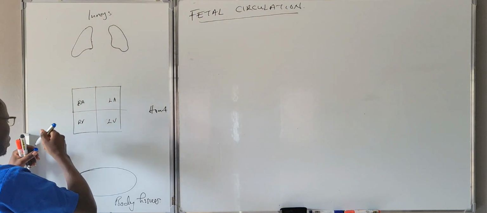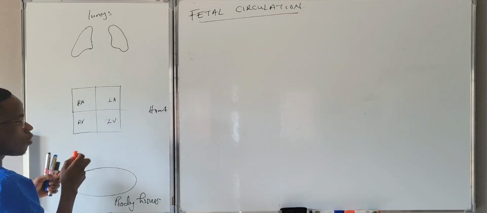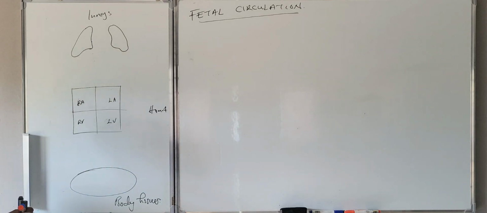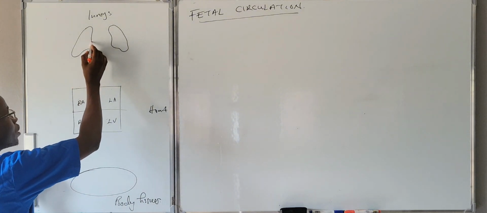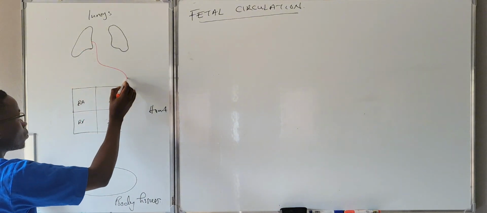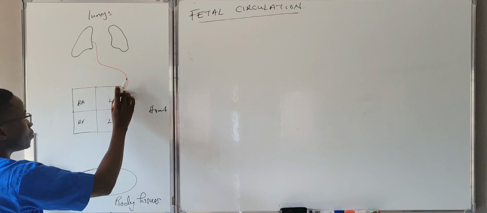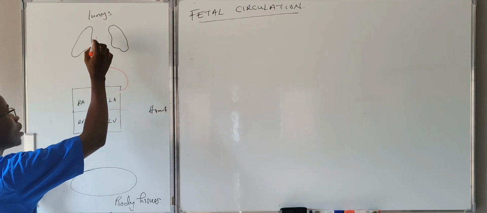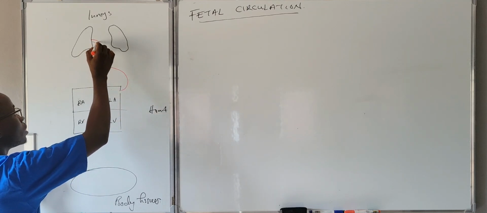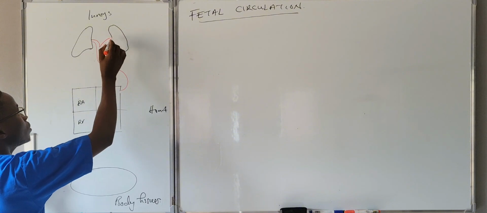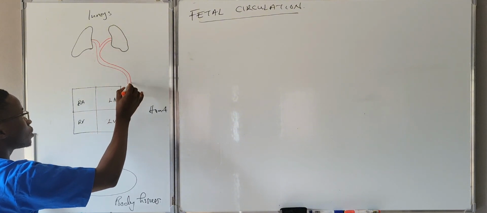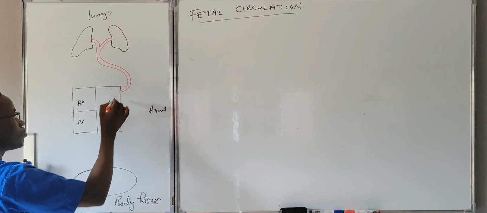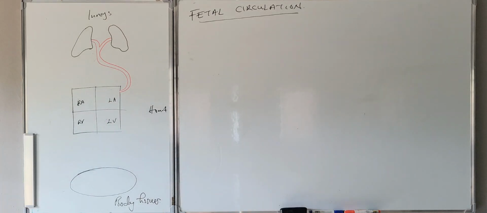Because we know that all veins carry deoxygenated blood, except the pulmonary vein. So I'll draw it to symbolize oxygenated. Okay. So we have something like that. So I'm trying to make that a simple diagram.